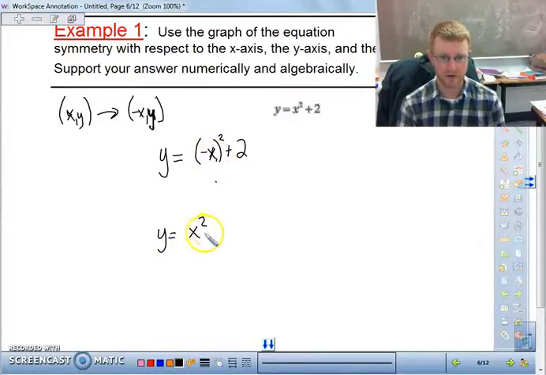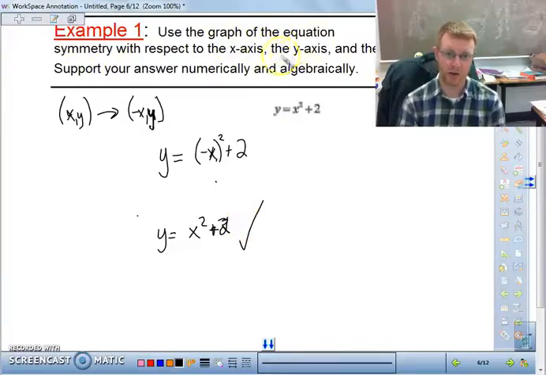Negative x times negative x is x squared, plus 2. So because it is the same, that's basically what we're looking for. It's the same, it's the same. So this is proving algebraically that it is symmetric to the y-axis, because when we plug in a negative x into our equation, we get the same result at the end.